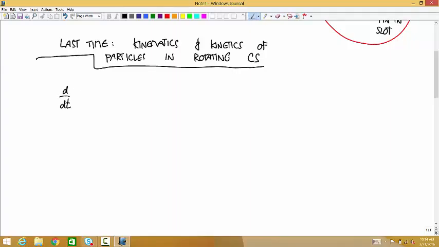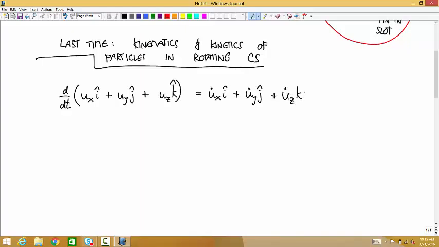If you take a time derivative of a vector ux times i plus uy times j plus uz times k, you get ux dot times i plus uy dot times j plus uz dot times k, plus ux times i dot plus uy times j dot plus uz times k dot.